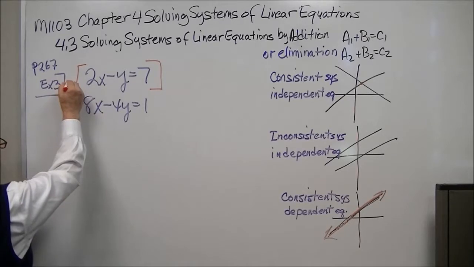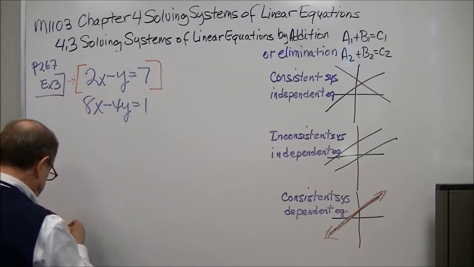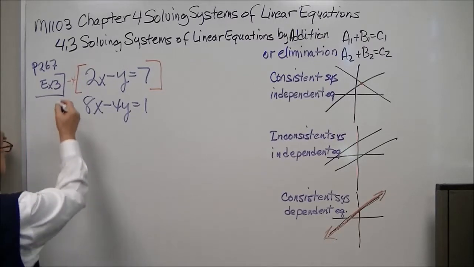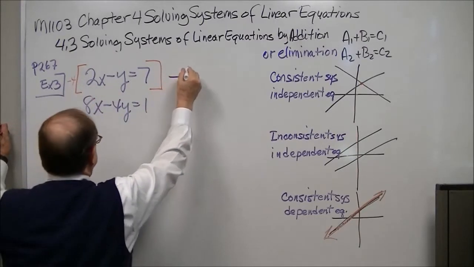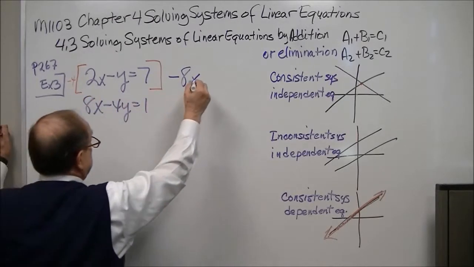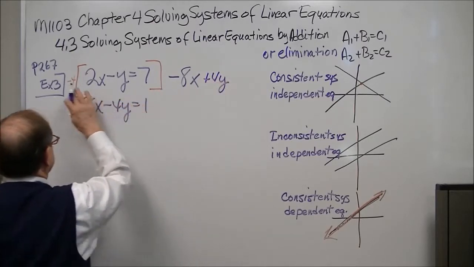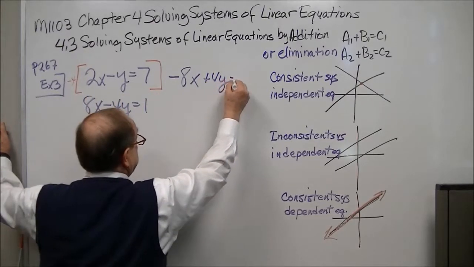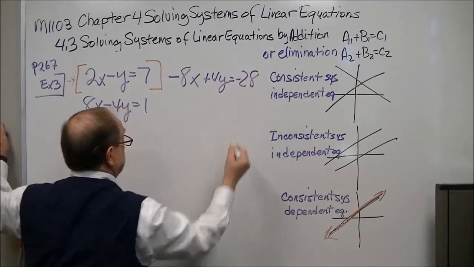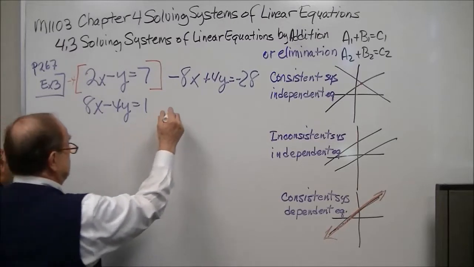And it would be a -4. So this then becomes a -8x, be careful to watch the signs, plus 4y equals a -28. Okay, it's not the same equation, but it's equivalent. And then I just copy this one down.